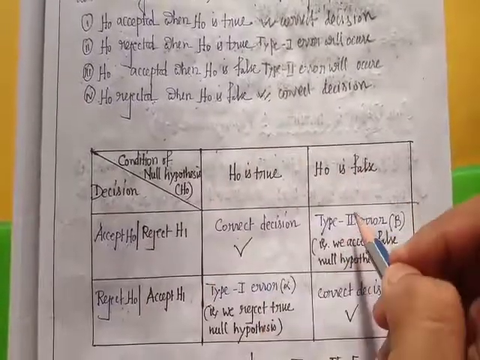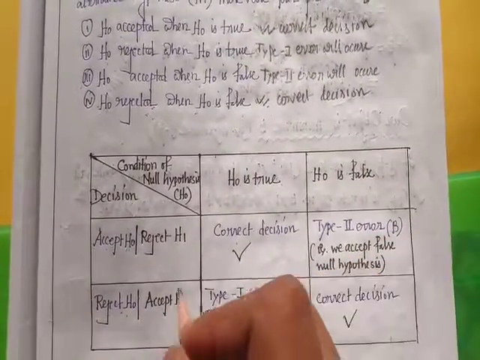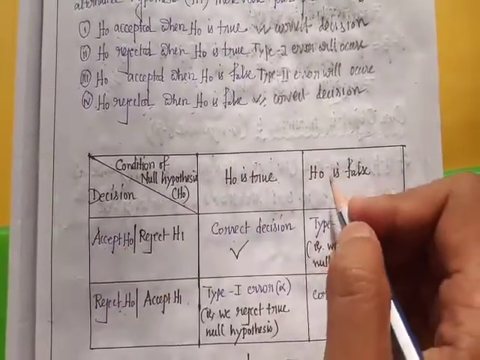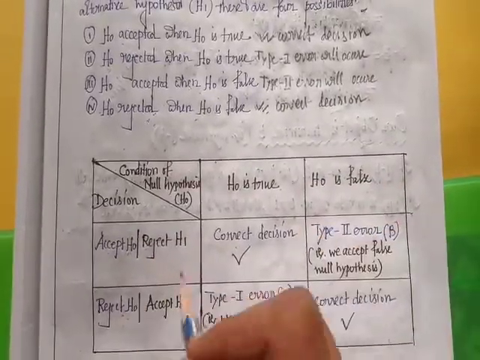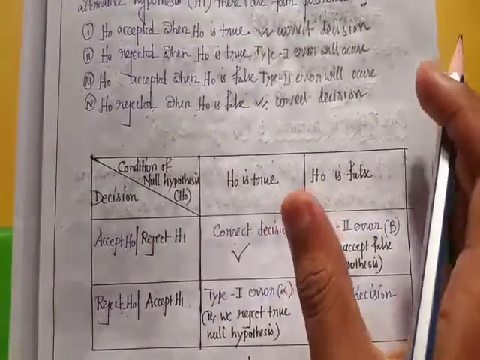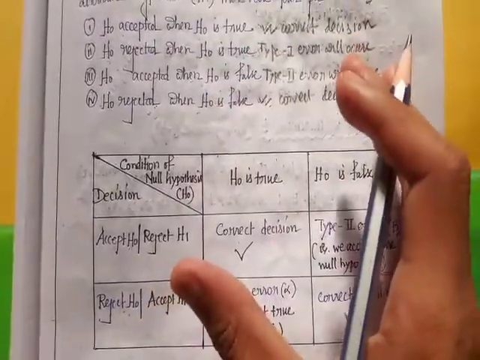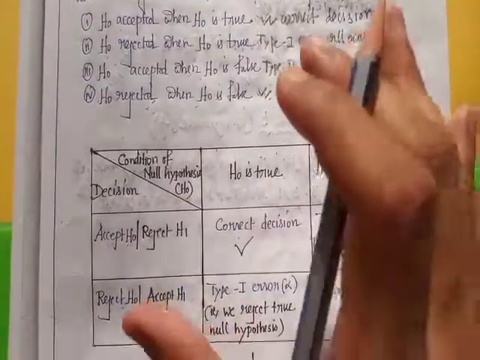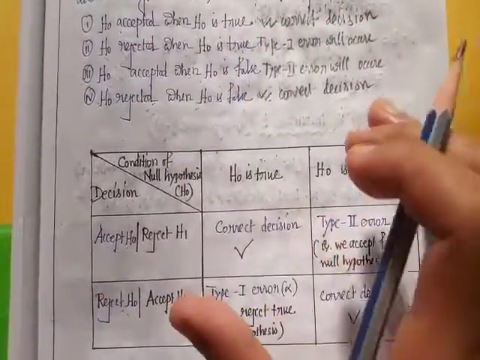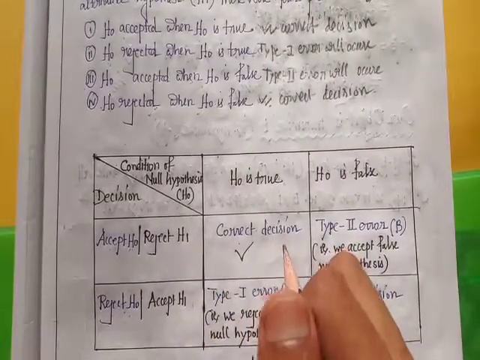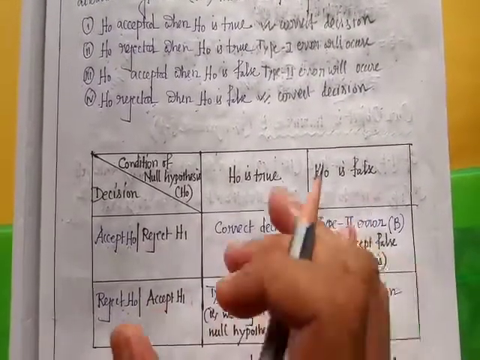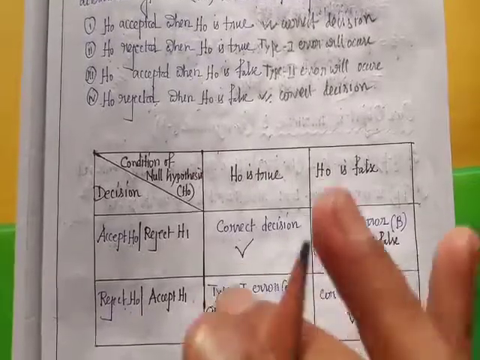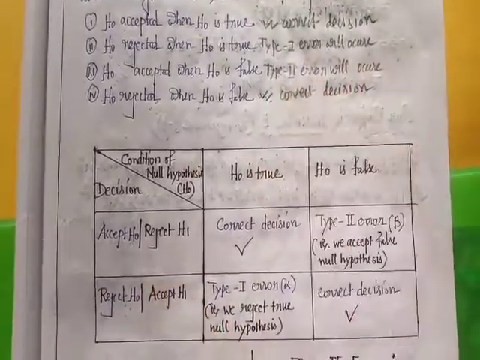And type 2 error means accept H0 when H0 is false. That is, we accept a false null hypothesis. Clear? Type 2 error means we accept a false null hypothesis. Type 1 error means we reject a true null hypothesis.